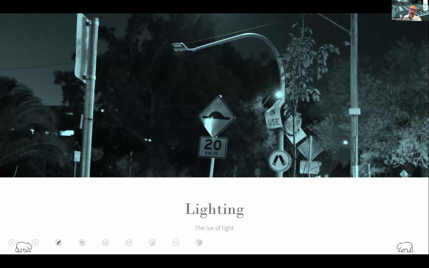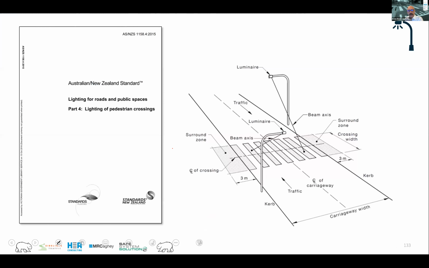Two aspects to that. One is the cost of lighting. And the second one, which I mentioned earlier, is the spillover of lighting into local residents. If you light these things up like a Christmas tree in accordance with the Australian standard, there's so much light that it really can be something that people heavily object to. The theory on lighting, and you see Australia and New Zealand Standard 1158 talks about this, lighting of pedestrian crossings, doesn't differentiate between a pedestrian crossing like a zebra crossing and a wombat crossing, a raised pedestrian crossing.